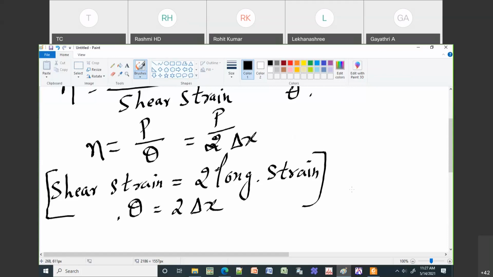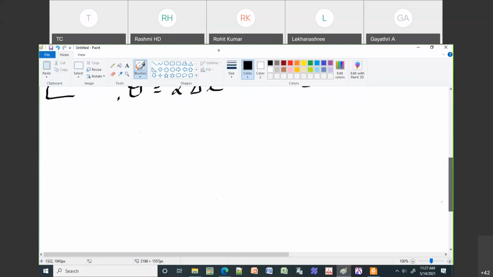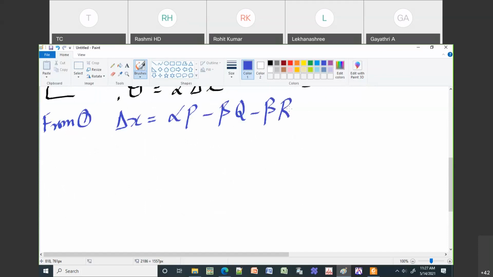Now I need to find delta x. How do you find delta x? Again you are going to use equation number 1. From 1, delta x equals alpha times P minus beta times Q minus beta times R. As it is a two-dimensional shear, two of the forces have to be acting.